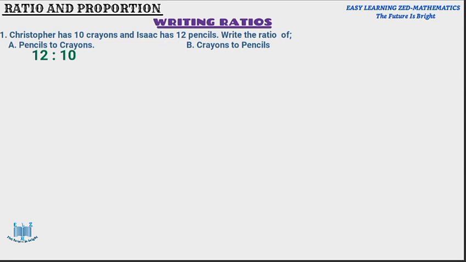That is the ratio of pencils to crayons. Then in B, we are asked to write the ratio of crayons to pencils. So how many crayons? We are told Christopher had 10 crayons, so we write 10, then the two dots. Then how many pencils? Isaac has 12 pencils, so we write 10 to 12.